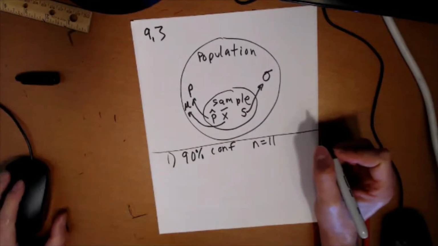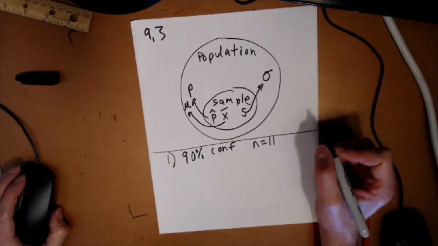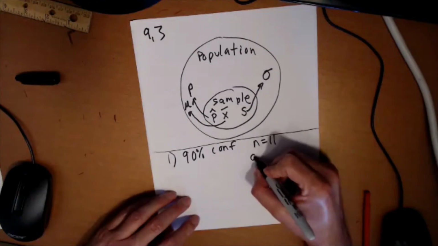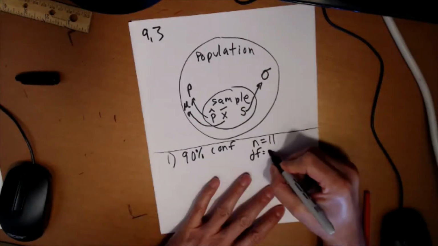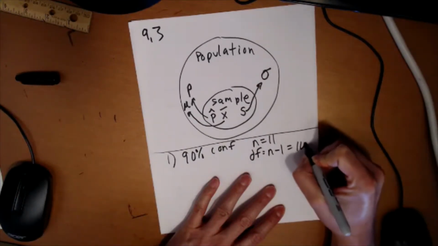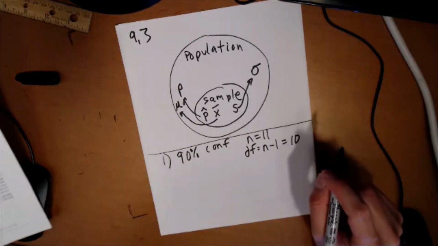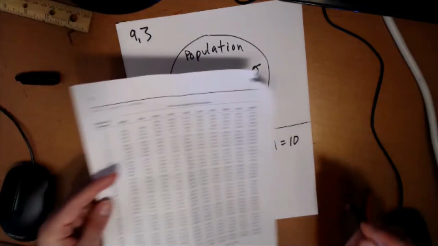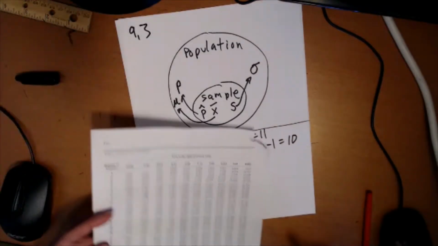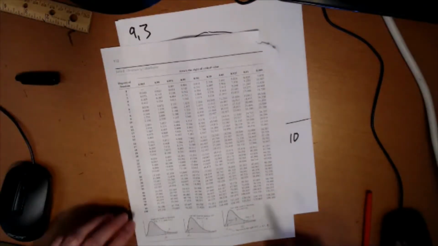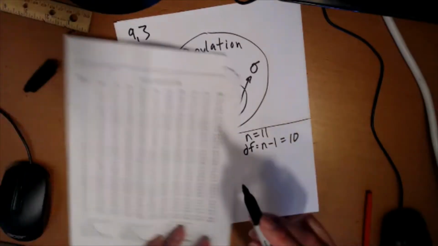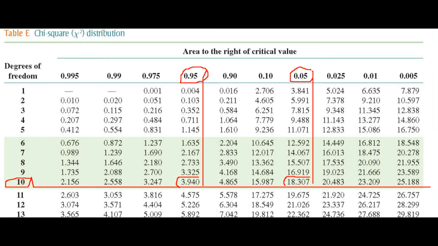We're pretty familiar from using T that whenever they ask for degrees of freedom, it's going to be 1 less. So our degrees of freedom is 10. On my chi-square table, I'm stuck in row 10.